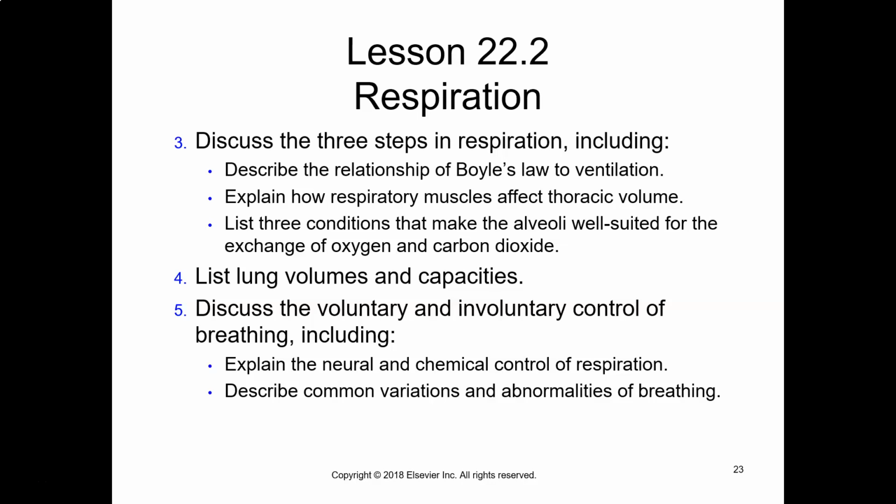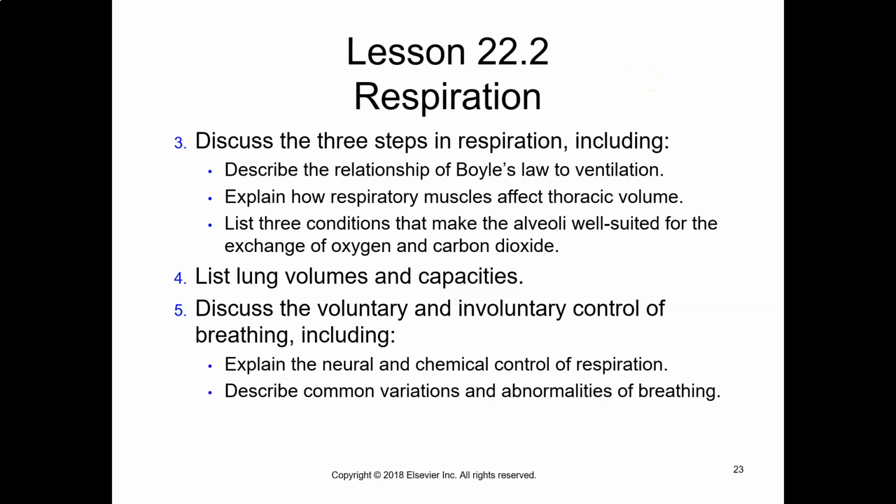So that's how we inhale. Okay? So the volume in the lung increases and the pressure in the lung decreases, so it goes from a higher pressure to a lower pressure, and that's how the air goes into the lung.